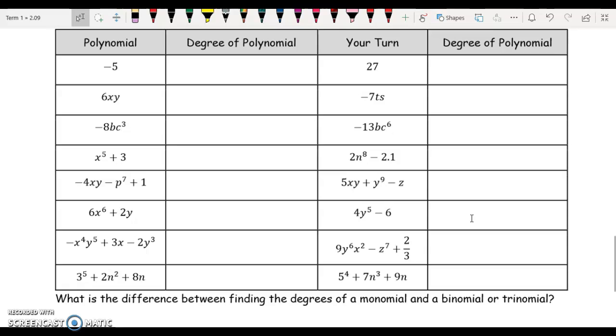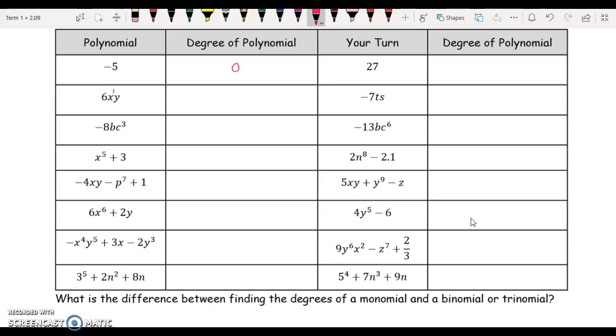All right, moving on to naming a polynomial by its degree. We kind of covered a little bit of this earlier, but let's take a look at this again. We see we have a constant here, and a constant always has a degree 0. Okay? 6xy.